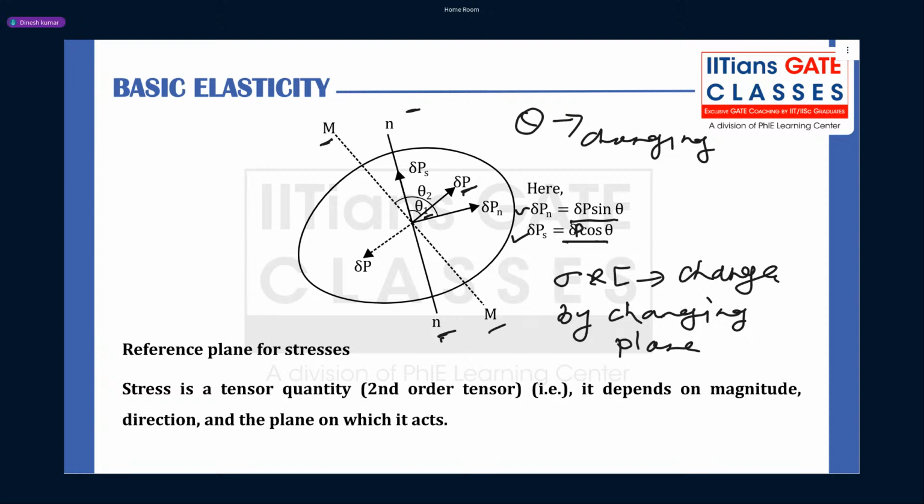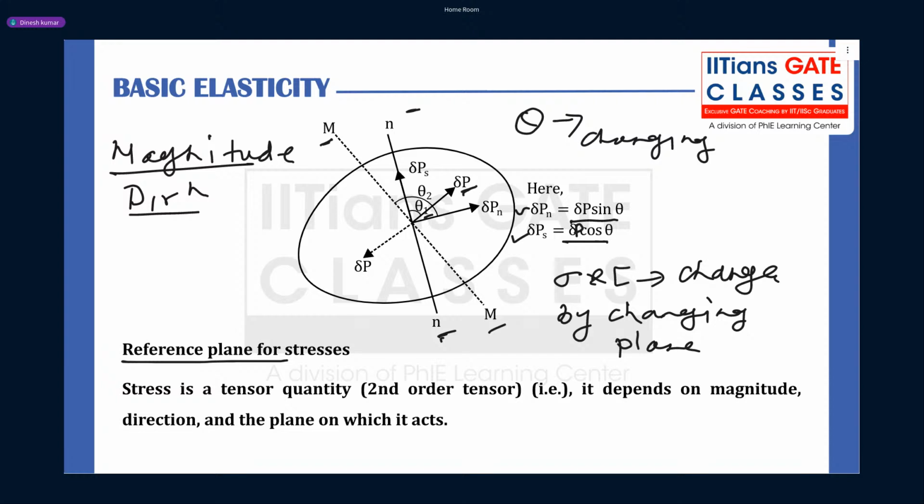Okay. So stress requires three things to define it well. The first thing is the reference plane. Then the second thing, magnitude, and then direction. Clear? So you can see the stress requires first a reference plane, then magnitude and direction to define it.